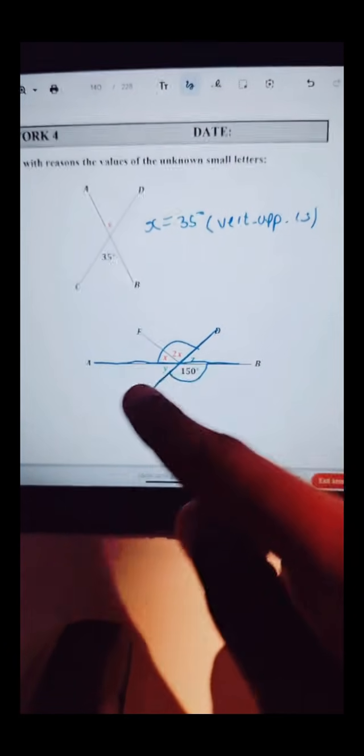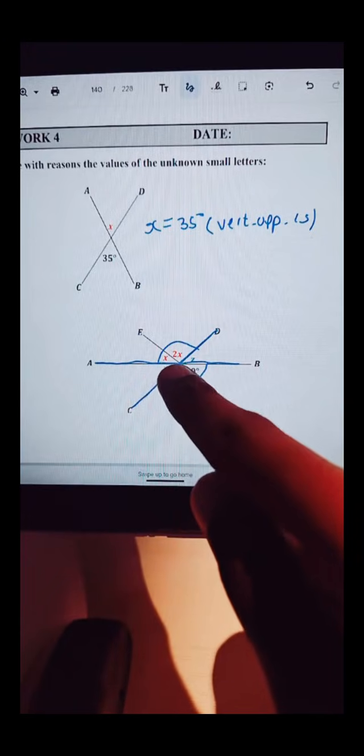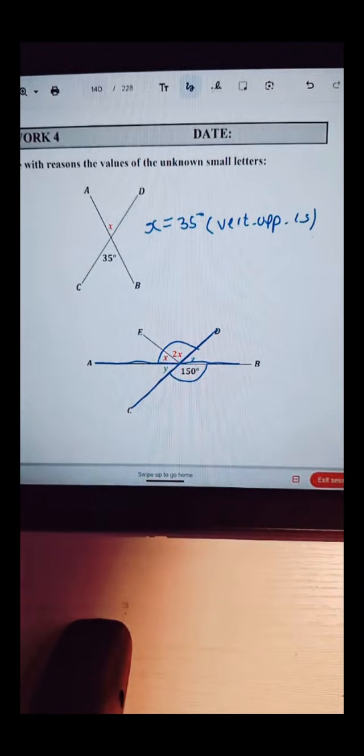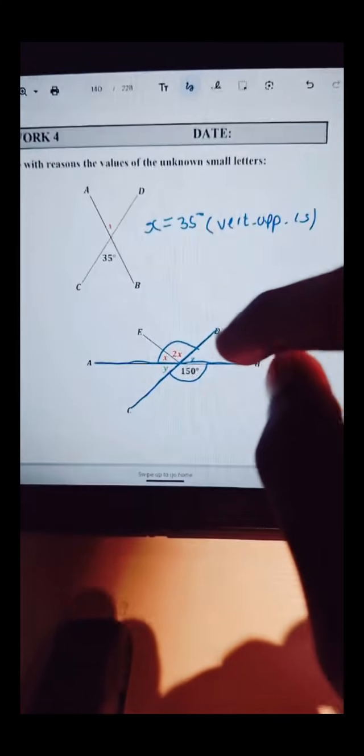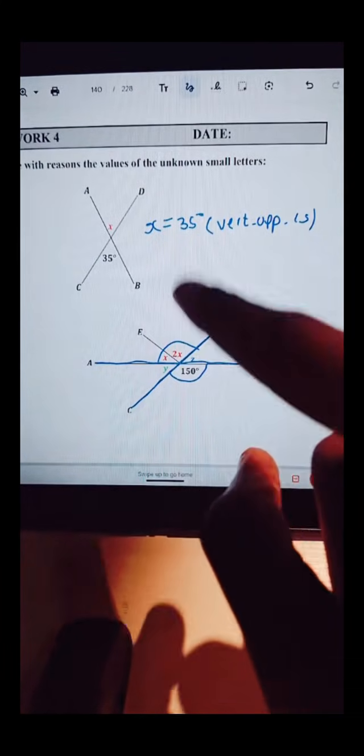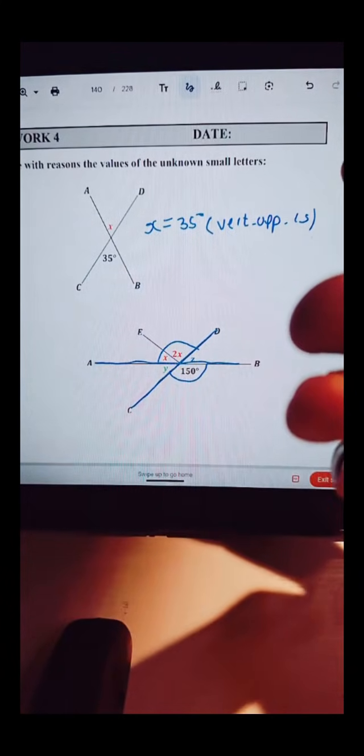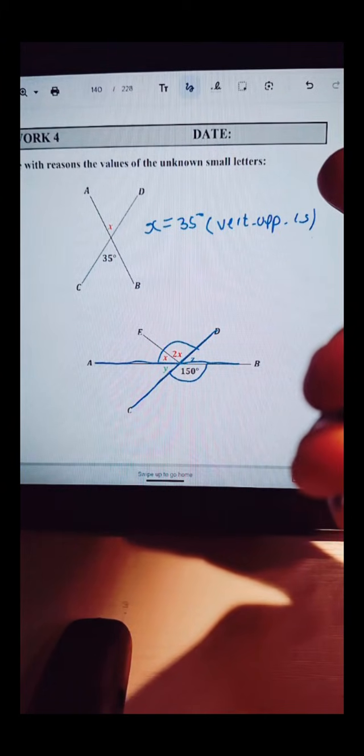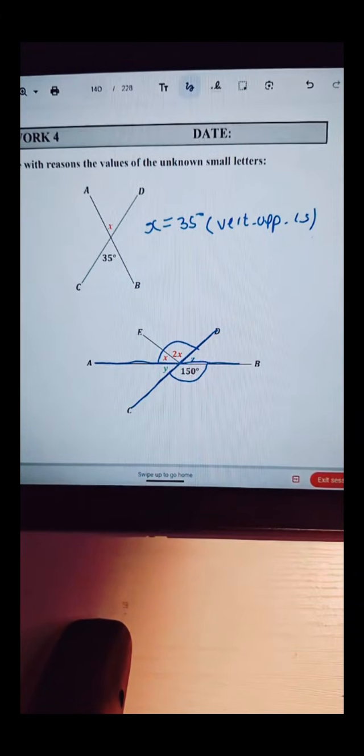Y plus 150 is equal to 180. That's fine. And angles on a straight line, that's 100% fine. Then you get your value of y, which is 30 degrees. That's beautiful.